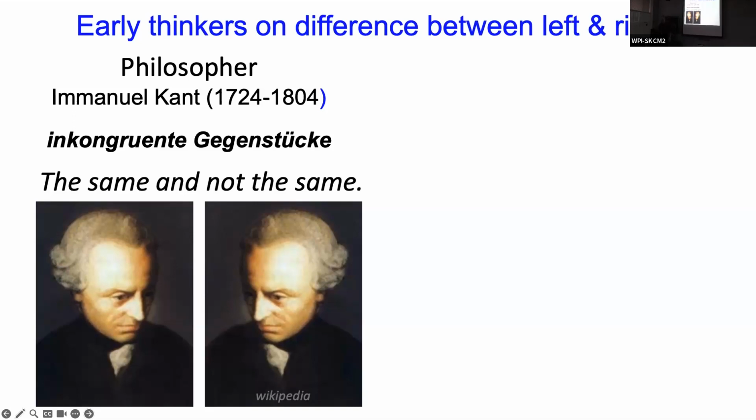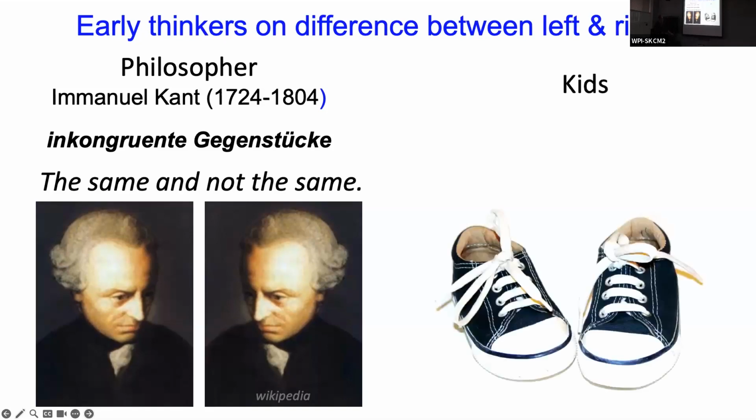He called these things incongruent counterparts, which sounds better in German. Incongruente Gegenstücke, the same and not the same. Couldn't really figure it out. And philosophers that are called kids also have a hard time figuring it out.